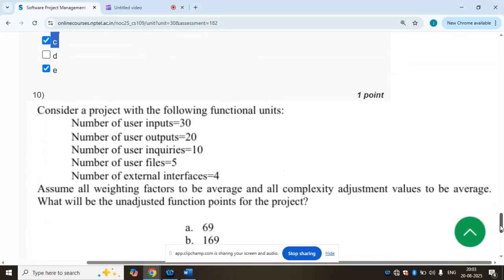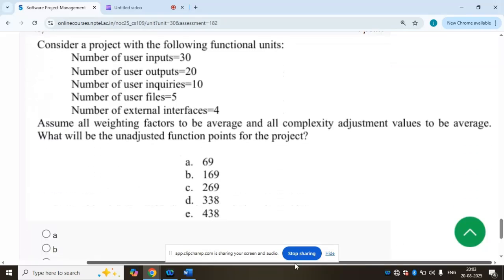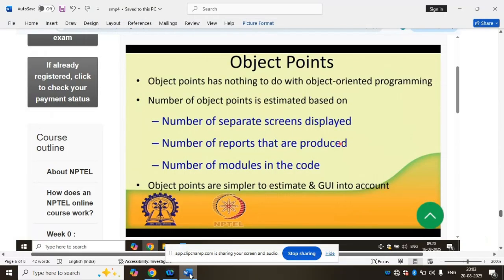Next one, consider a project with the following functional units. Number of user inputs 30, outputs 20, inquiries 10, user files 5, external interfaces 4. So how do we calculate this one?